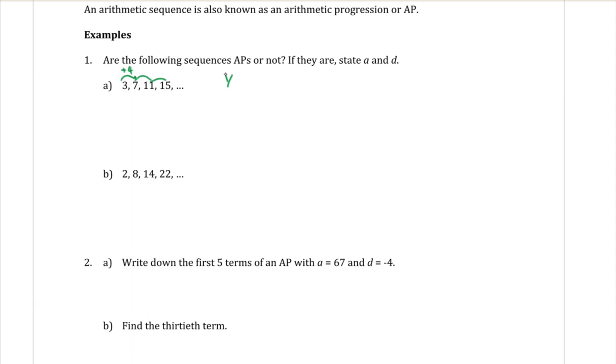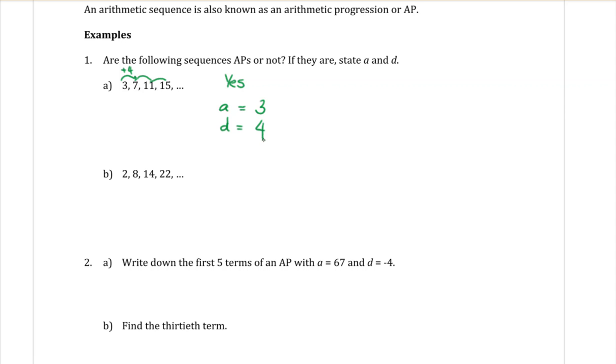So I'm going to say yes. So that means I want to find out what A is, and I want to find out what D is. A is the first term in that sequence, so it's going to be the 3. The D is what the difference is each time, and it is the 4 that I've calculated here, or you just go 7 take away 3, which gives you the 4.